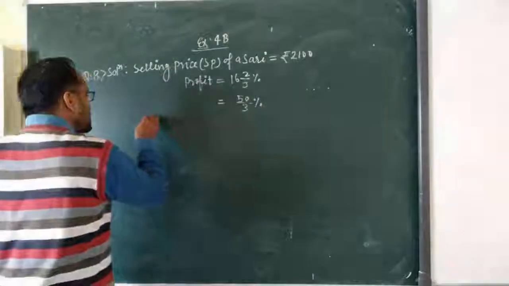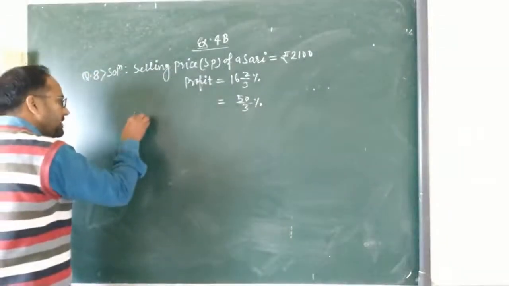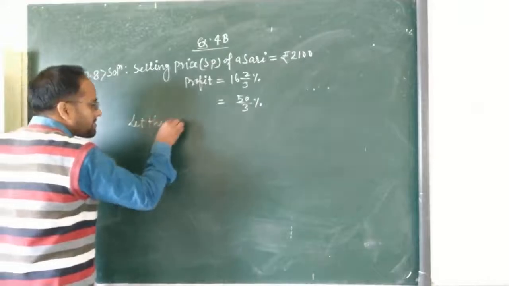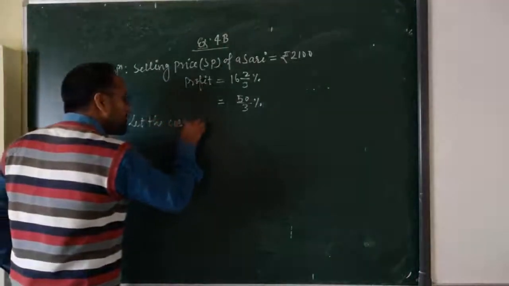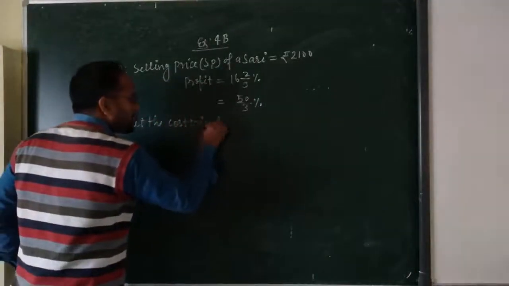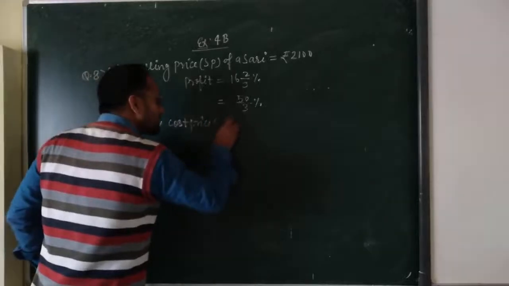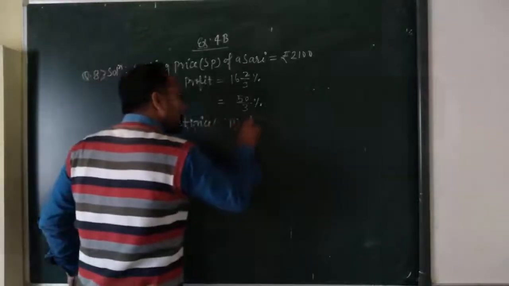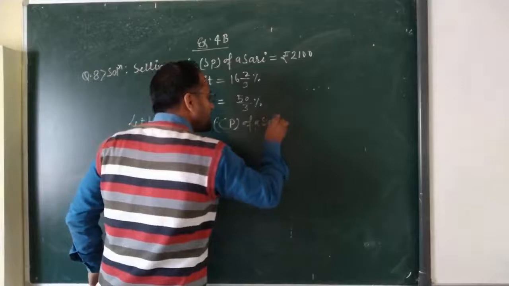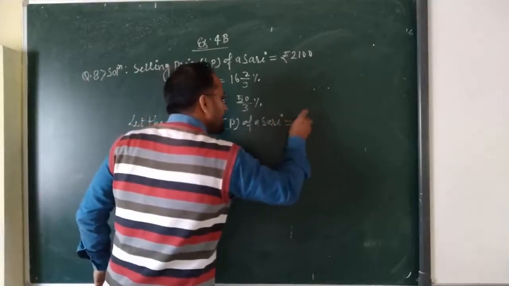So let me suppose that the cost price, that is CP, of a sari is equal to X rupees.